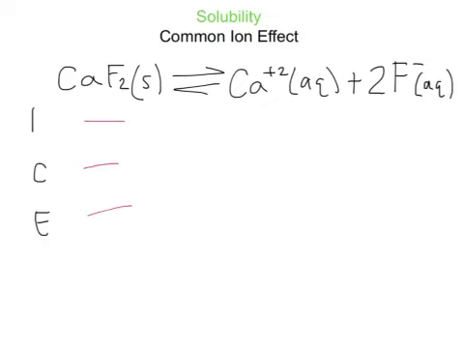The initial concentration before the solid dissolves is 0 molar for the Ca2+, but 0.025 molar for the F- because there is already some dissolved fluoride in the solution. Then use X as the amount of solid that dissolves to find the relative final concentrations.